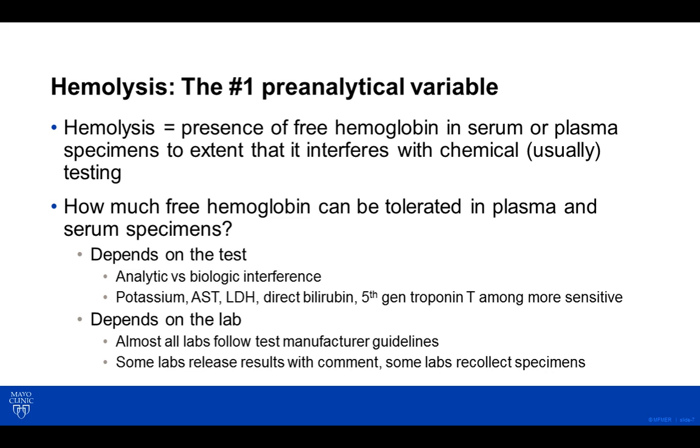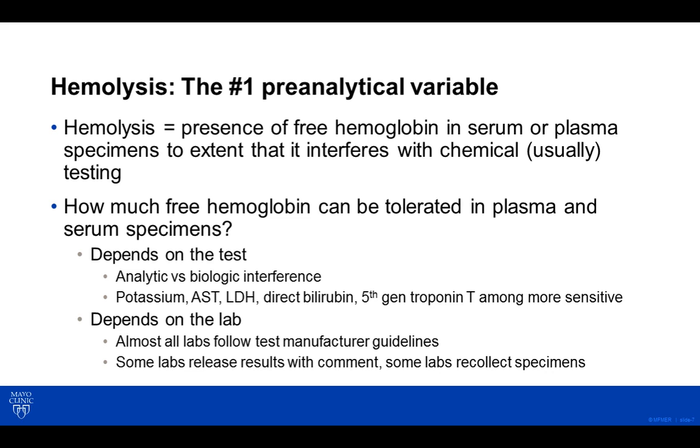We have to get another specimen or not report those analytes. Analytic interference simply means the hemoglobin present interfered with the test itself, usually an optical test. Sometimes we can fix those in the lab by dilutions and other strategies. So in the lab, we need to know if it's an analytic or biologic interference.